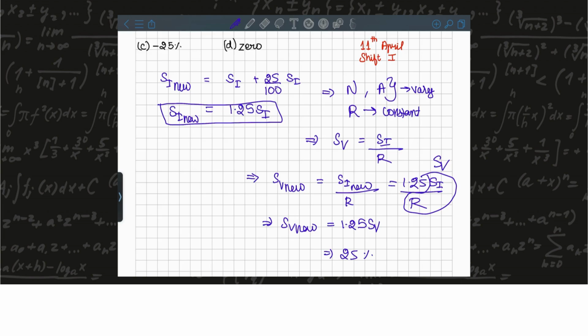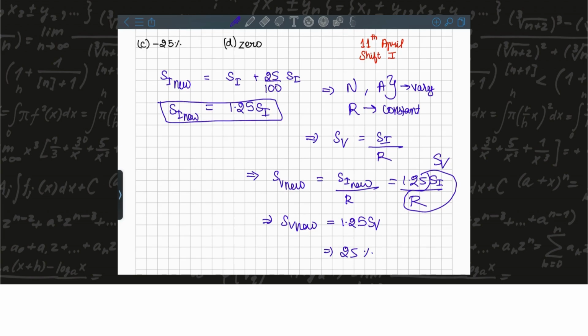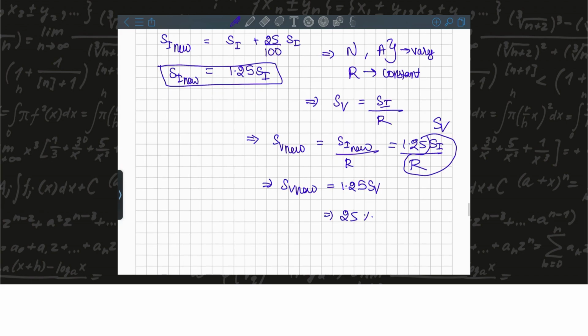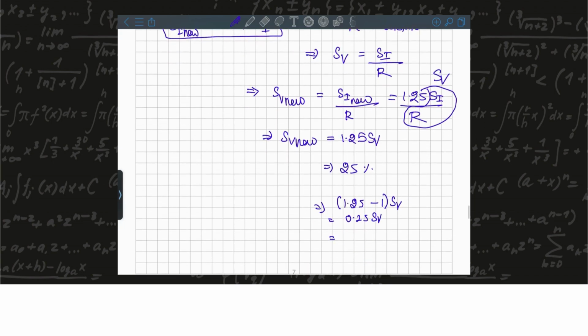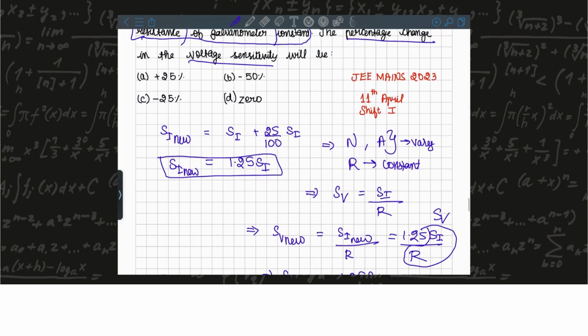How am I saying that it is 25%? This is because 1.25 minus 1 into SV is equal to 0.25 times SV. So that's 25%, right? Why 1.25 minus 1? Why am I subtracting it by 1? It is only because the initial value was just 1 SI, right?